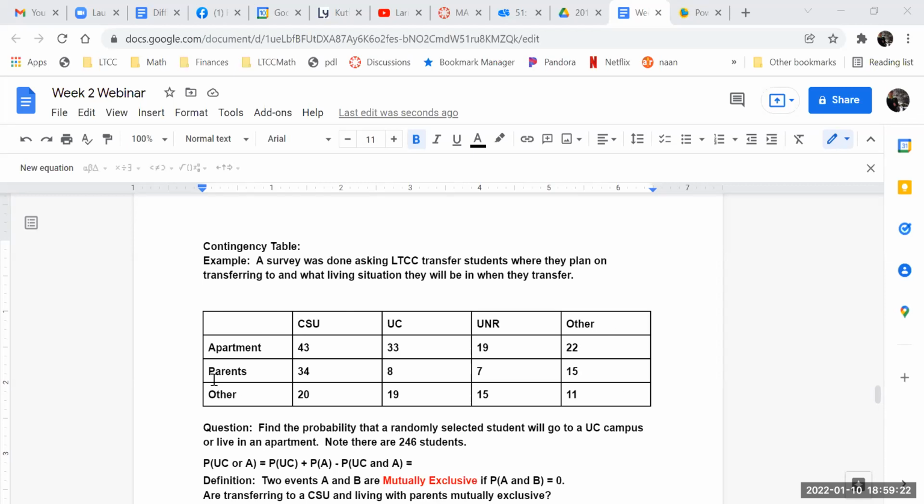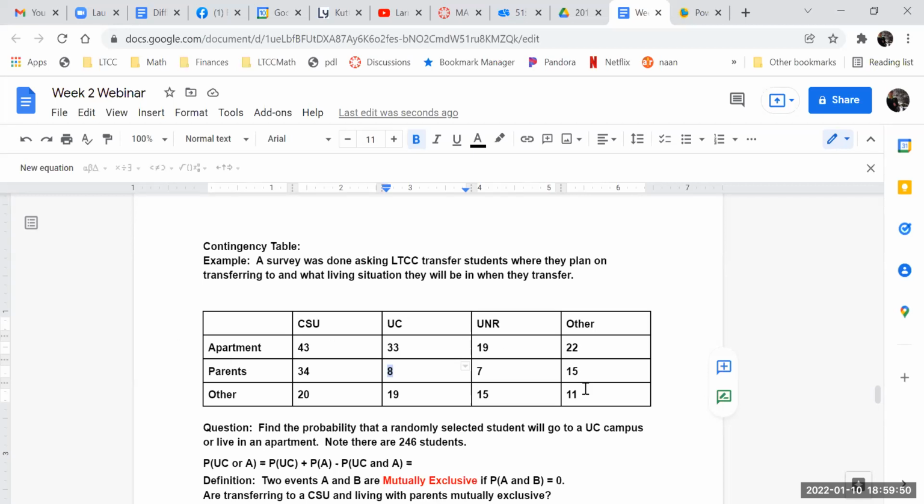And we have a table. The first thing I want to show you is how to read this table. For example, this number 8 means that there were 8 people in the survey who are transferring to a UC campus and are going to live with their parents.